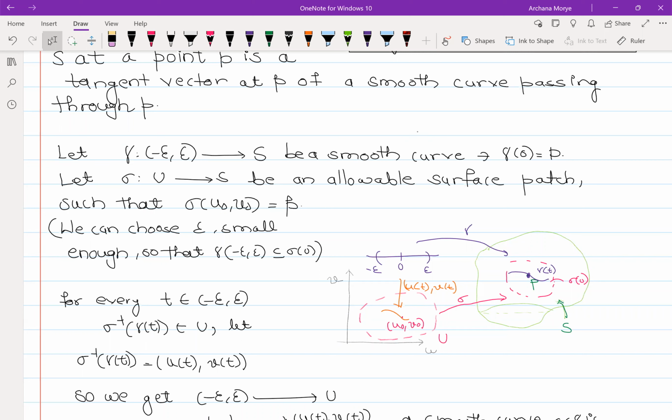We have to say what we mean by a smooth curve inside the surface S. It is a smooth map from an open interval to S. But we did not define it so far, right?